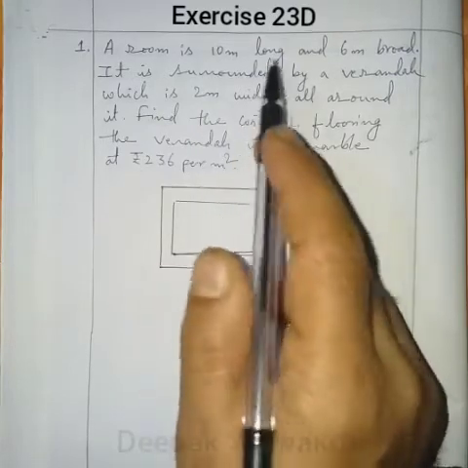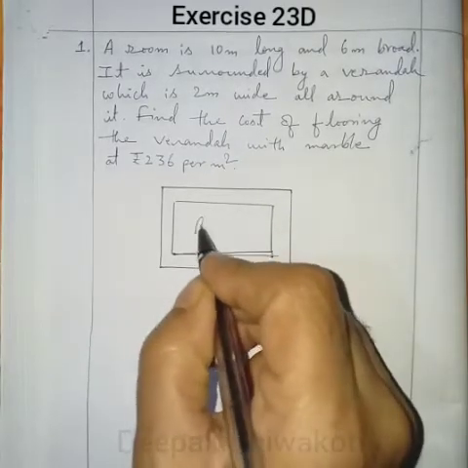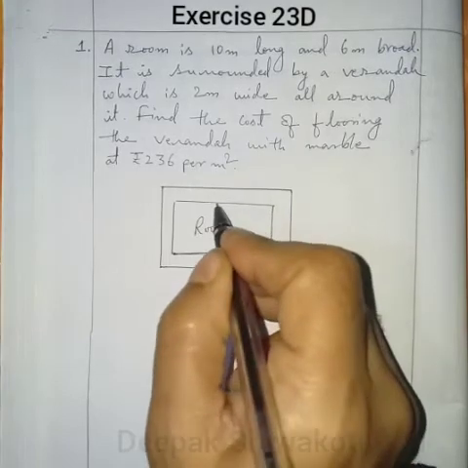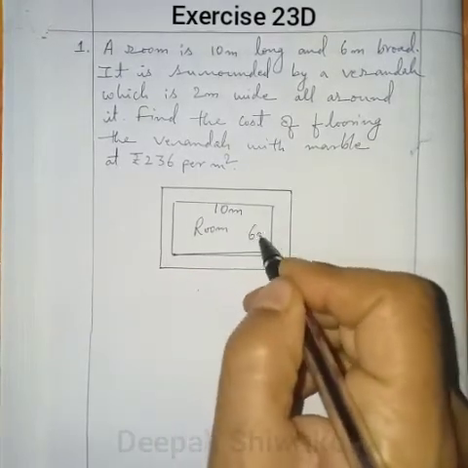According to this question, the figure will be like this. Suppose this is the room, the length of the room is 10 meter and the breadth of the room is 6 meter.